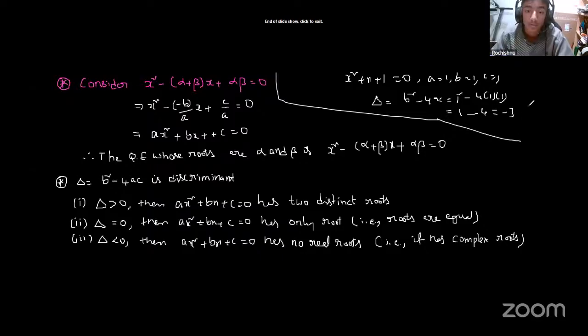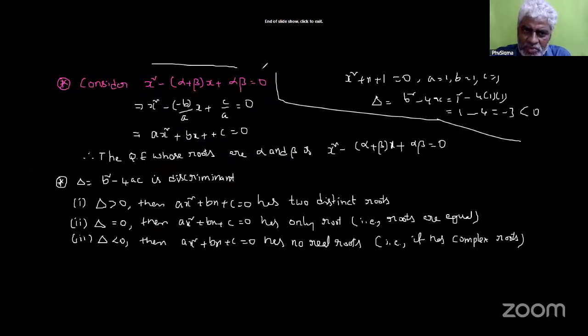Not only this, for any quadratic equation, if the discriminant is negative, that equation has no real roots. Can you give one more example of a quadratic equation which has no real roots? You need to create a quadratic equation so that its b square minus 4ac is negative. 2x square plus 1x, very good.